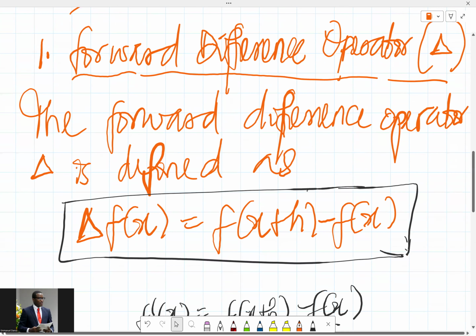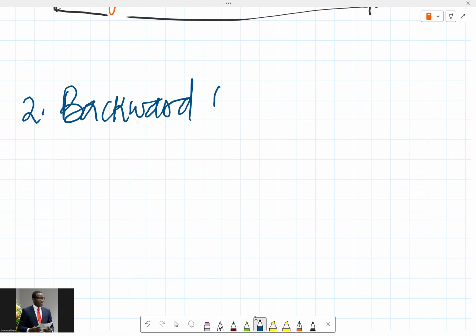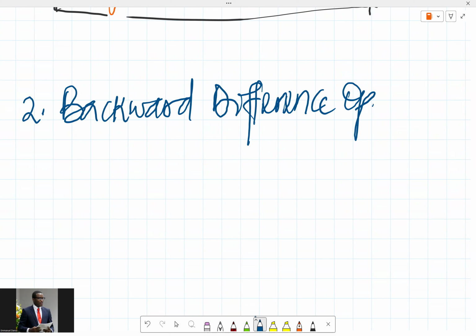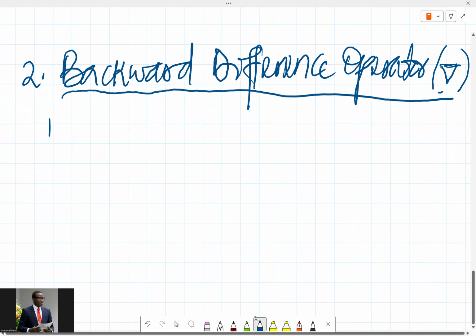Then we have number 2, the backward difference operator with the triangle facing down, which I think is nabla. So the forward difference triangle faces up, the backward difference faces down. Let me call it nabla.